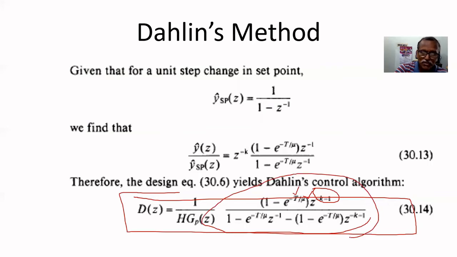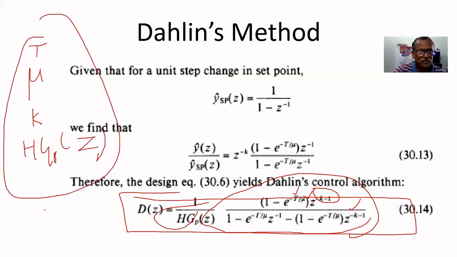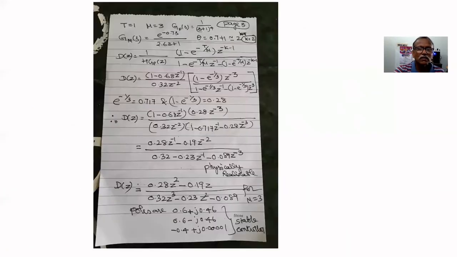So if you substitute the values of T, mu and k, you will get the digital controller if you know HGP of z. Once you know T, mu, k, and HGP of z, all these four, then we can design the digital controller.